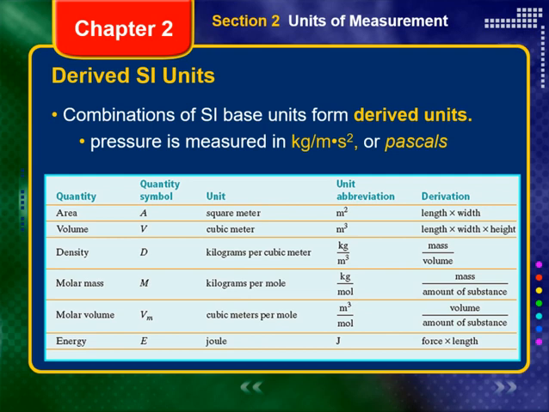For example, pressure expressed in base units is actually kilograms per meter second squared. The name Pascal, abbreviated capital P lowercase a, is given to this combination. You will learn more about pressure in Chapter 10. Prefixes can also be added to express derived units. Area can be expressed in centimeters squared, or square centimeters, represented by lowercase c m squared, or square millimeters.